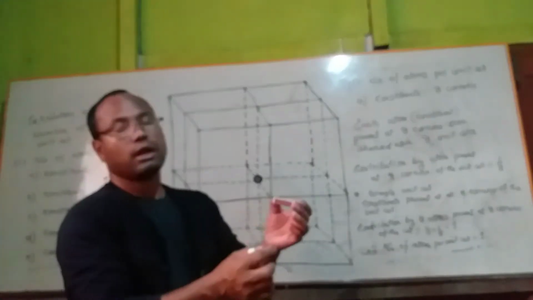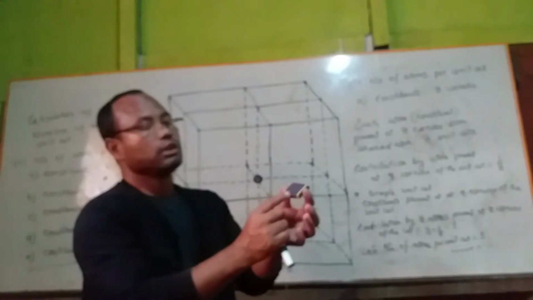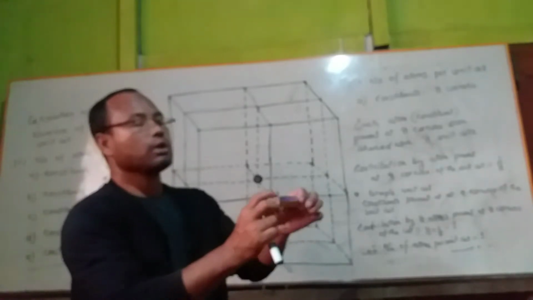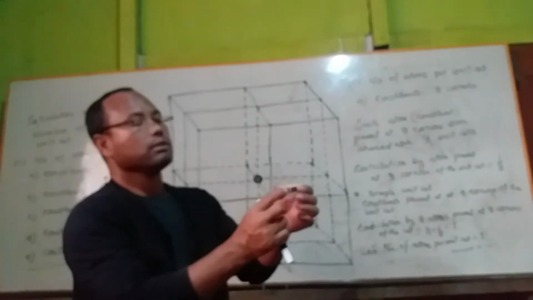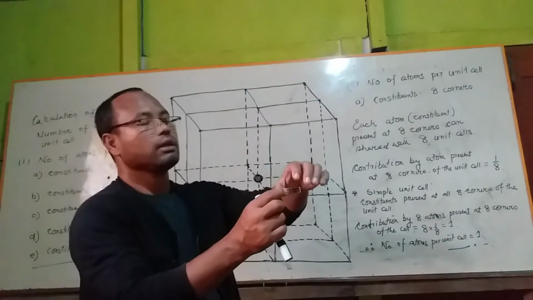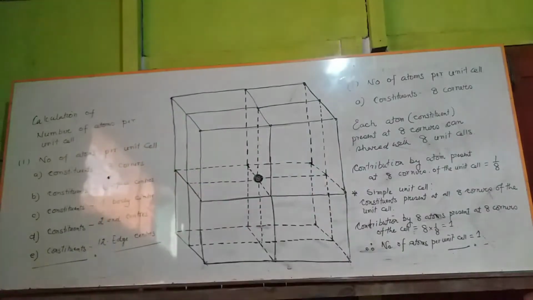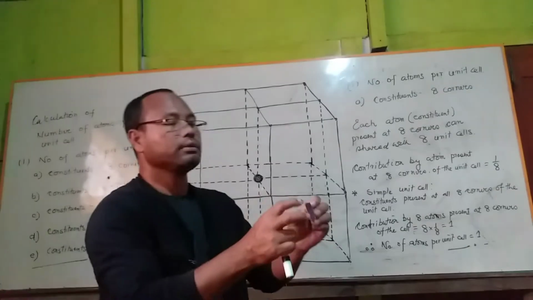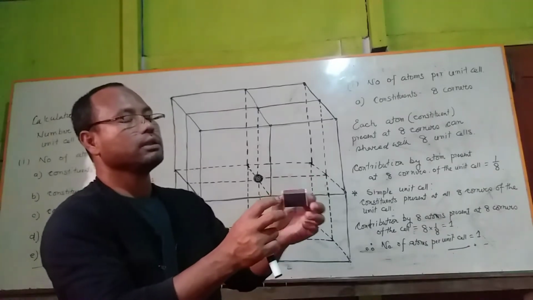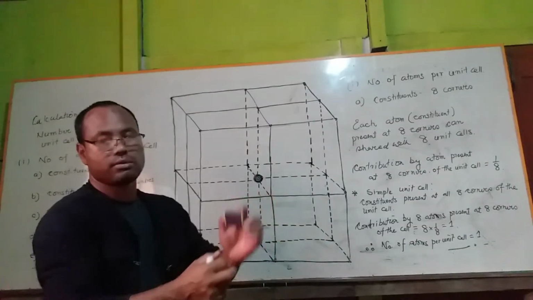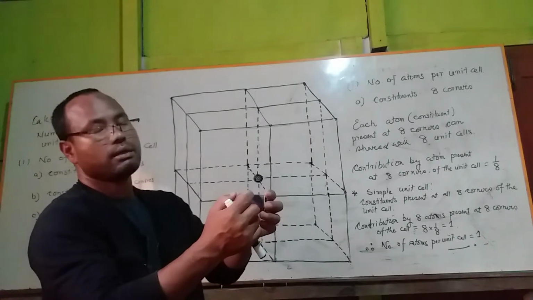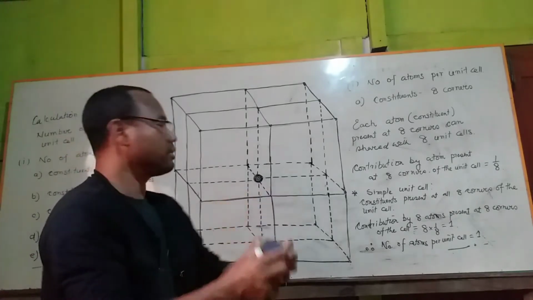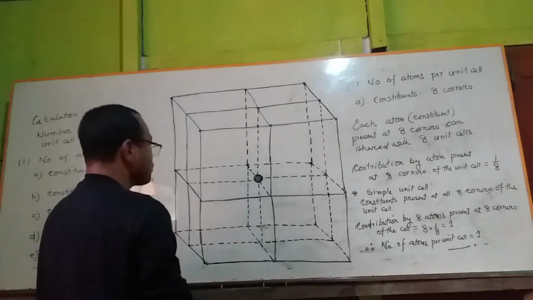You can count: 1, 2, 3, 4, 5, 6, 7, 8, 9, 10, 11, 12. There are 12 edges. The center of one of the edges is what we call the edge center. So how many edge centers? 12 edge centers.